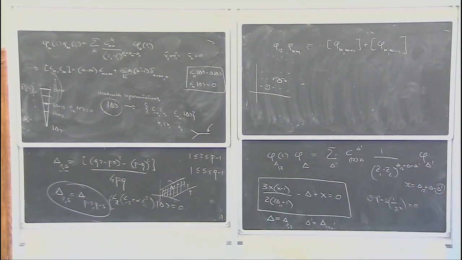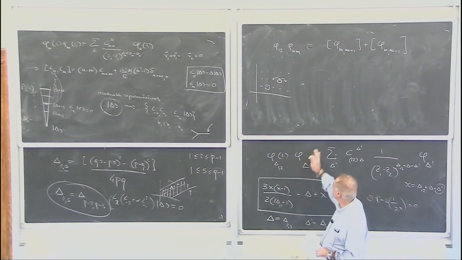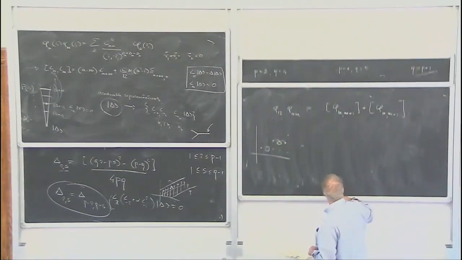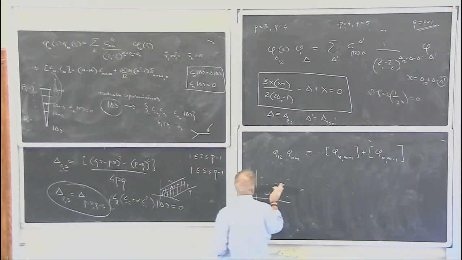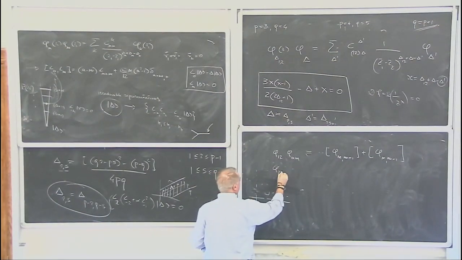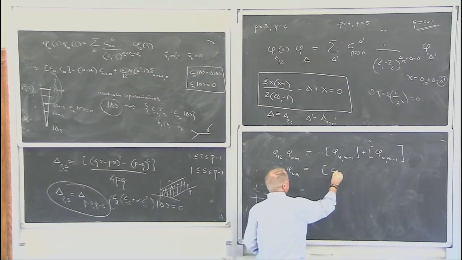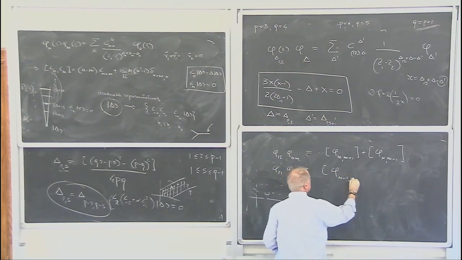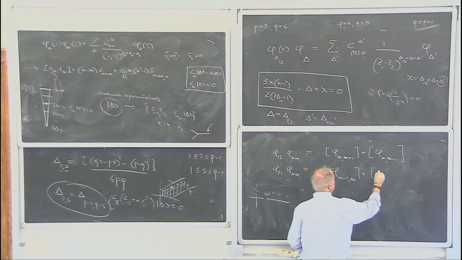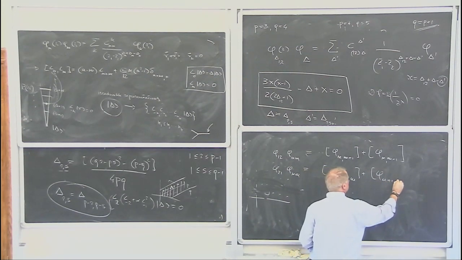Not only that, but I can predict precisely which field. You do the same story with 2,1. With an arbitrary degenerate field, the things will be n minus 1, m plus phi, n plus 1, m.